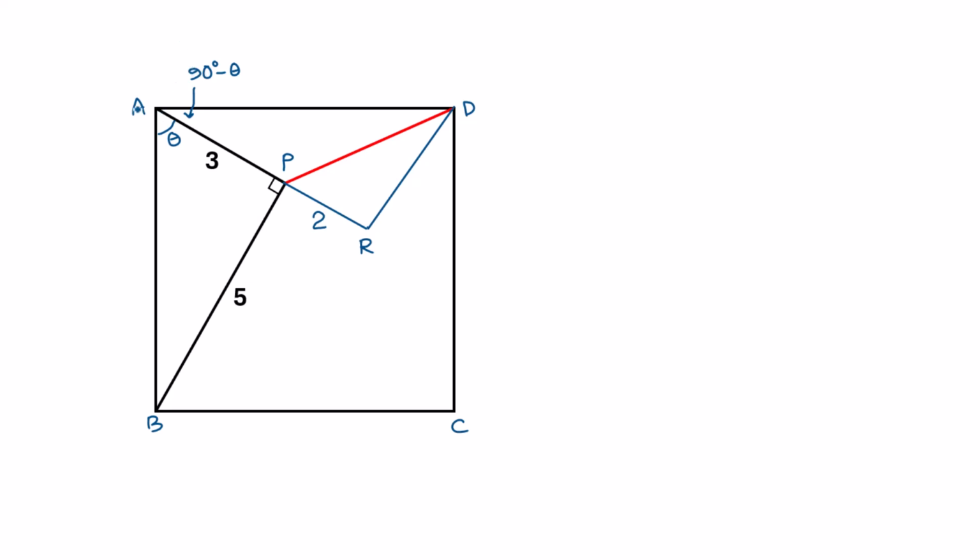Again, in triangle ABP, this P is 90 degree and this is theta, so this angle will also be 90 degree minus theta. That means this angle is same as this angle.